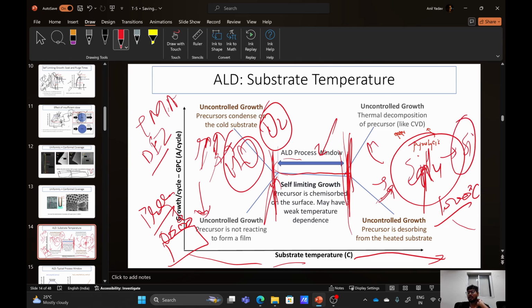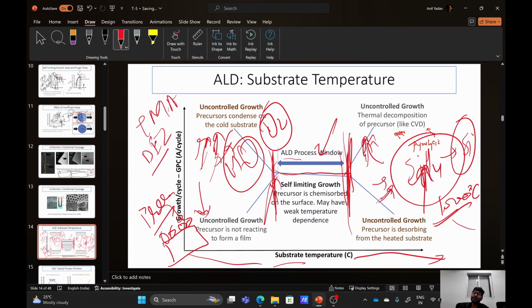That is how silicon is grown in CVD at higher temperatures. So that can give you maybe metal deposition, this kind of growth.